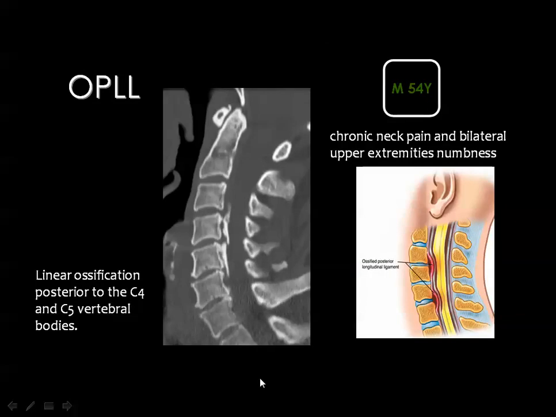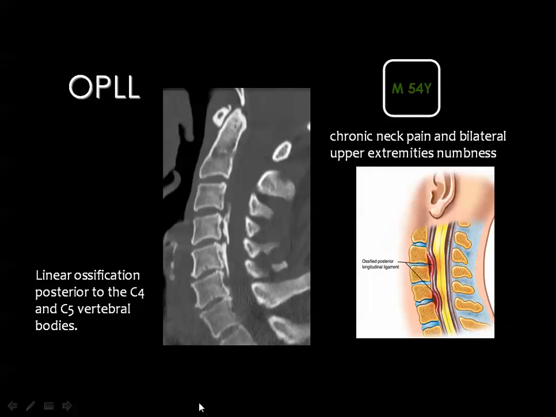Then we come to a famous entity which is known as ossification of the posterior longitudinal ligament, or OPLL. This ligament can hypertrophy, can calcify, but commonly it ossifies. Whenever the posterior longitudinal ligament is ossified, you get sheets of bone along the posterior aspect of the vertebral bodies.